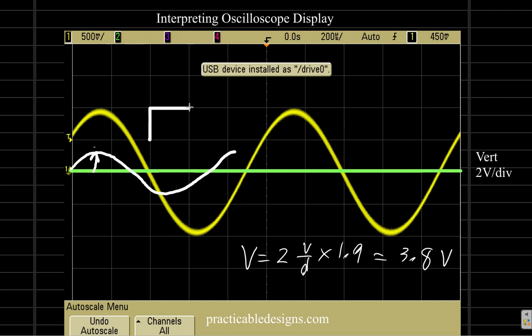Just in case you can't see it very well, it's kind of faint. All right. So this one, right here, the wave seems to go about halfway up. So it will be 0.5 divisions. So what you'll have is 2 volts per division times 0.5, which is 1 volt. All right.